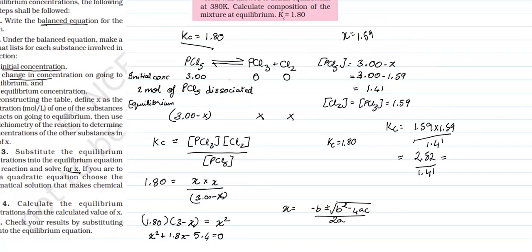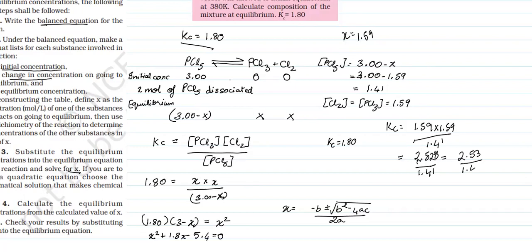And if you want, let's do it this way. So 2.528 is the value for the numerator, which can be taken as 2.53.